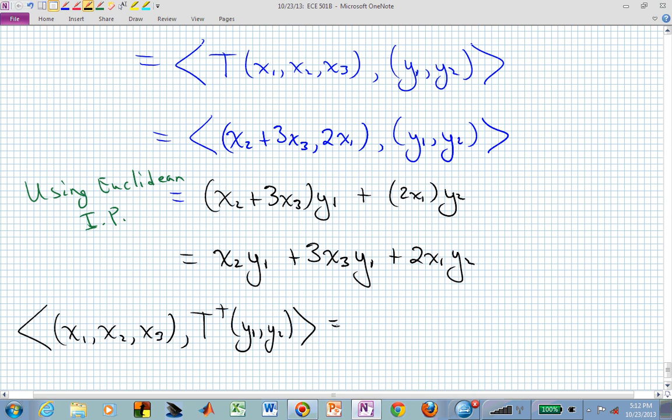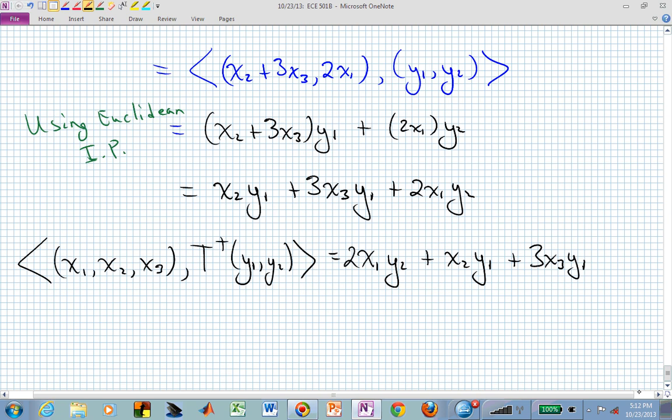Meaning now I'm taking something which is, maybe I should do this, 2x1 y2 plus x sub 2 y1 plus 3x sub 3 y1. Is that okay? I've sort of ordered it x1, x2, x3, and that's supposed to be some inner product with x1, x2, x3.